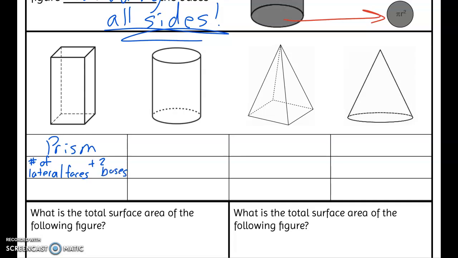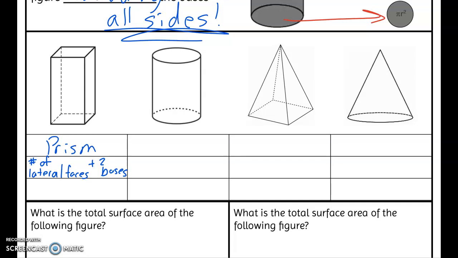The reason I don't put a number with the lateral faces is because I can have more than a rectangle or a square at the bottom. I could have a pentagon with 5 sides at the bottom. That would mean 5 lateral faces, but still only 2 bases.